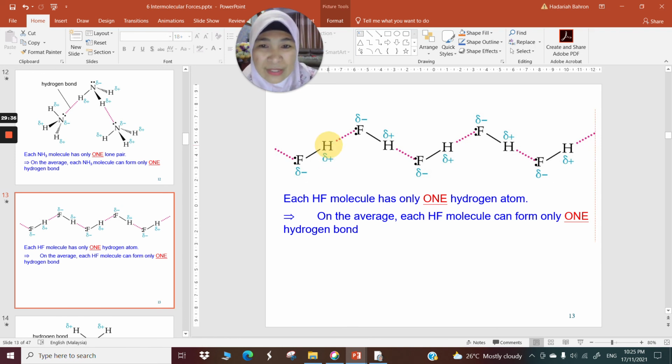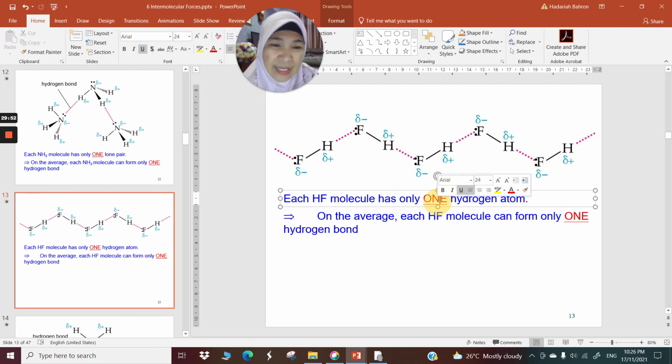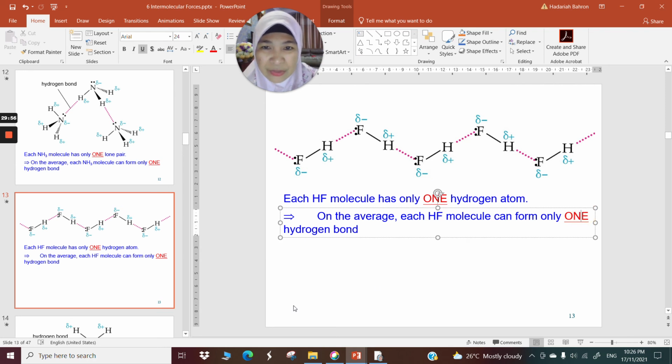And this delta positive hydrogen will interact with the lone pair of electrons on the neighboring fluorine. Similarly, it makes this kind of zigzag pattern where each HF molecule has only one hydrogen atom and will only form one hydrogen bond. So ammonia, one molecule, one hydrogen bond. HF, one molecule, one hydrogen bond.